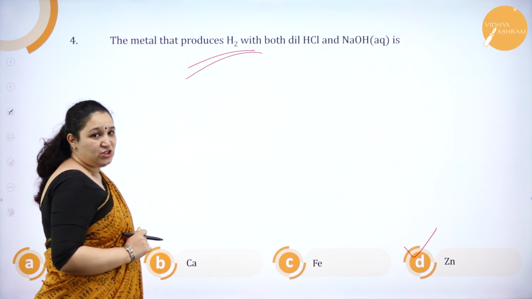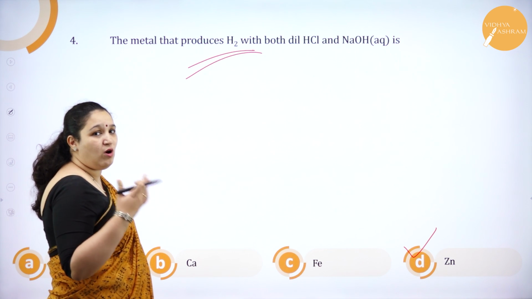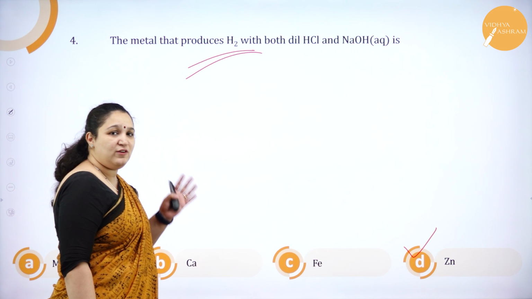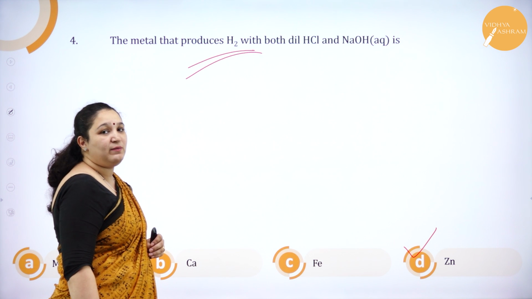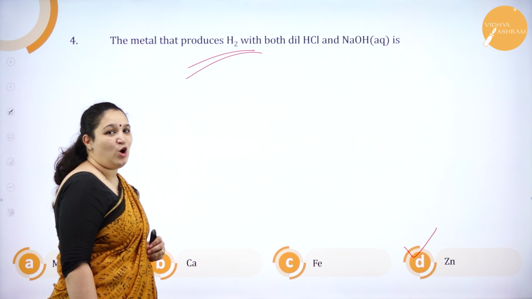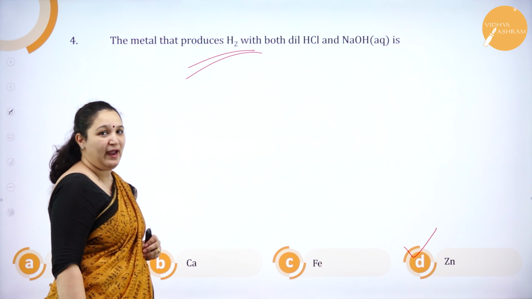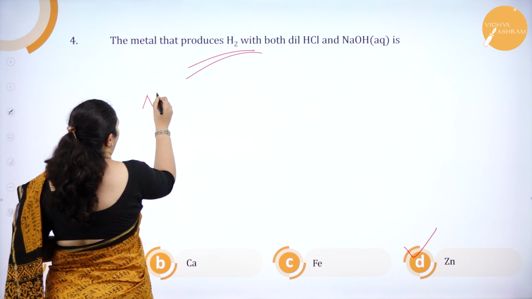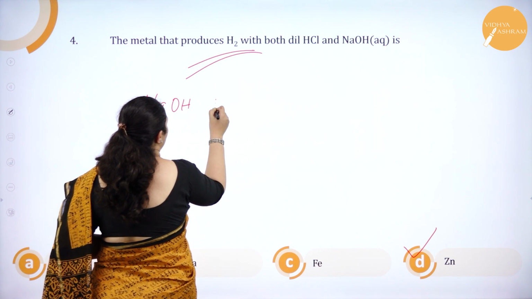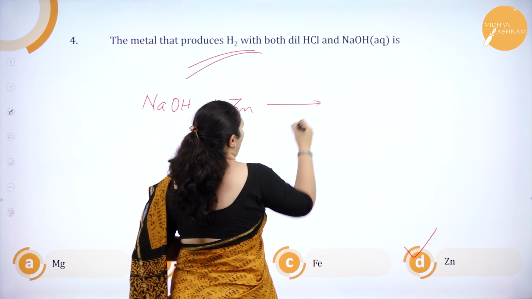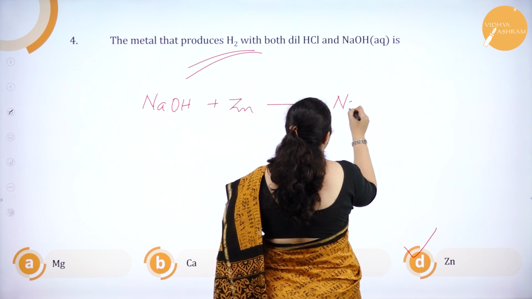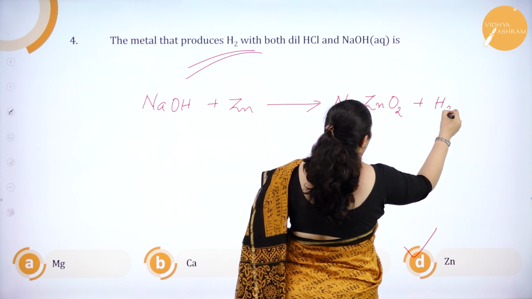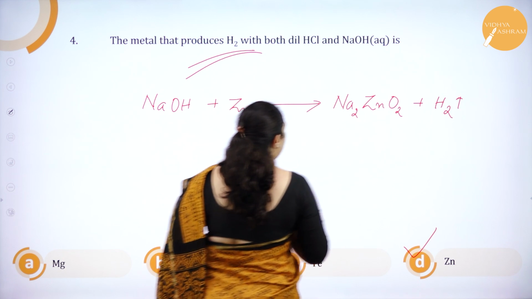What is the reaction? See, you do not have to know or write the reactions for your competitives, but I shall give you a detail so that it will be helpful for other competitive exams which you are going to attend. Okay. So zinc with NaOH will form sodium zincate, Na2ZnO2, and hydrogen gas is liberated.